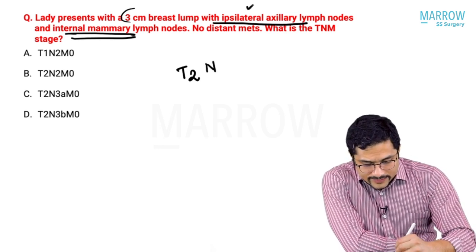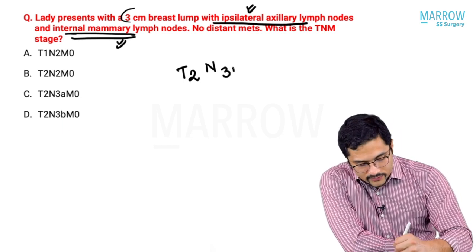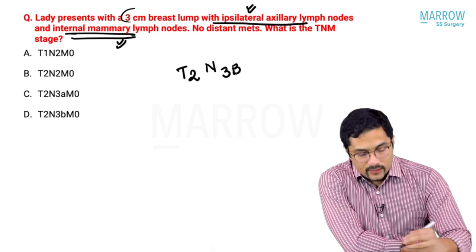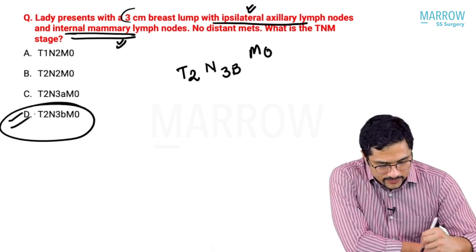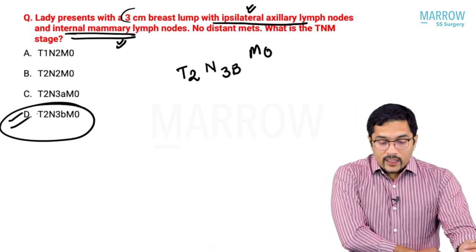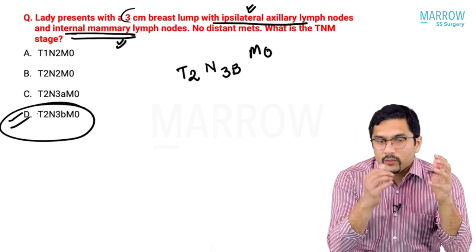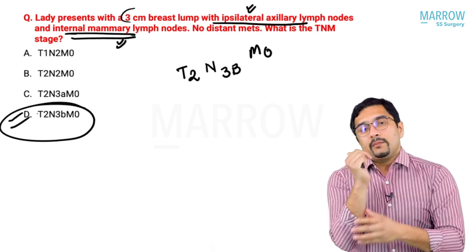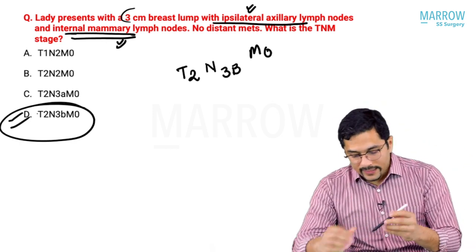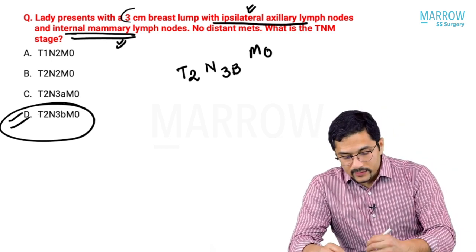For N, there are axillary nodes and also internal mammary nodes, so this is going to be N3B. And M is 0. So, T2, N3B, M0 is the answer. If the question was only internal mammary but no axillary, then it would have been T2, N2B, M0. But here, because both axillary and internal mammary nodes are there, it will be N3B.